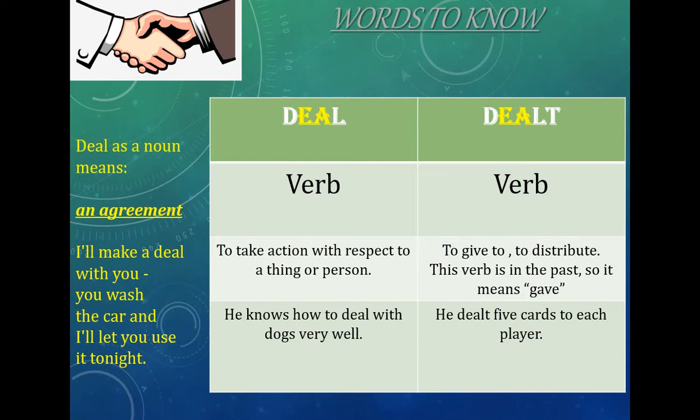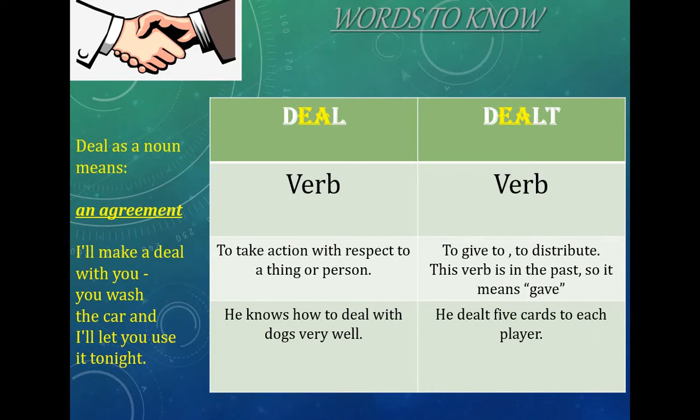Deal means to take an action or to know how to deal with this person. He knows how to deal with dogs very well. So he knows how to take actions while there are dogs around. So he knows how to deal with dogs. Okay? Taking action with a person or a thing or an animal.